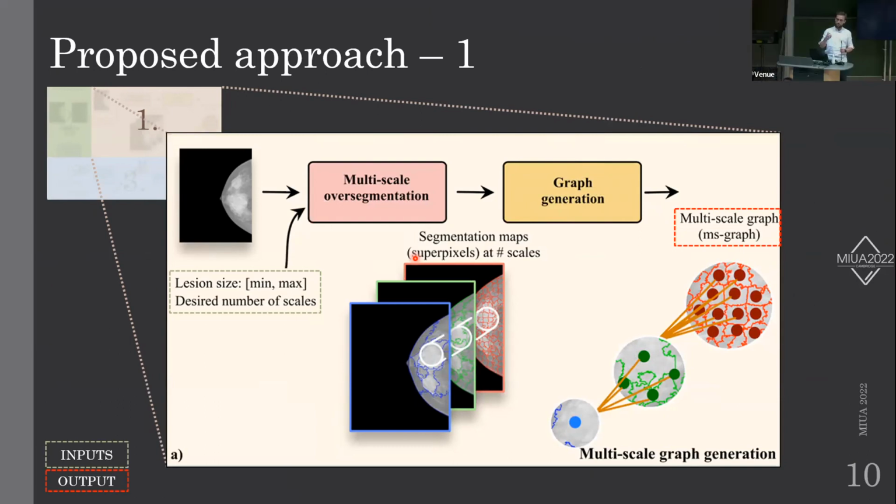The topological information, as I explained, is not only on the neighbors between superpixels in the mammogram, but also between superpixels across scales. If you have a big superpixel whose contour delineates the tumor, in the previous smaller scale you will have the same superpixel, but divided into 4 or 10 superpixels with the same contours.